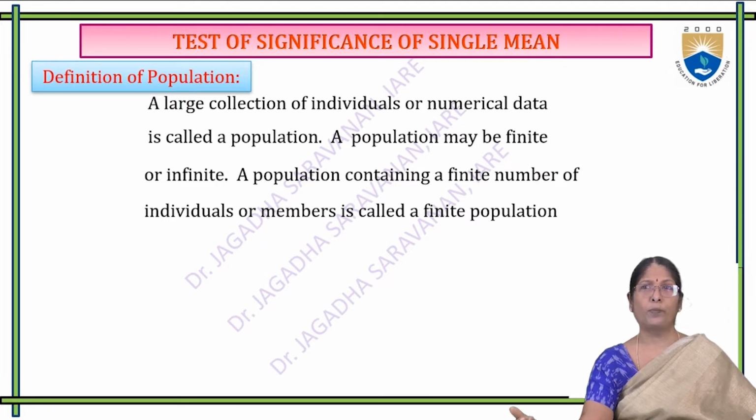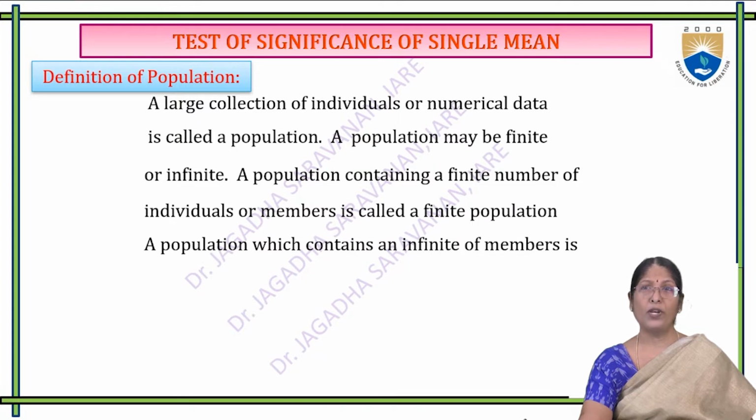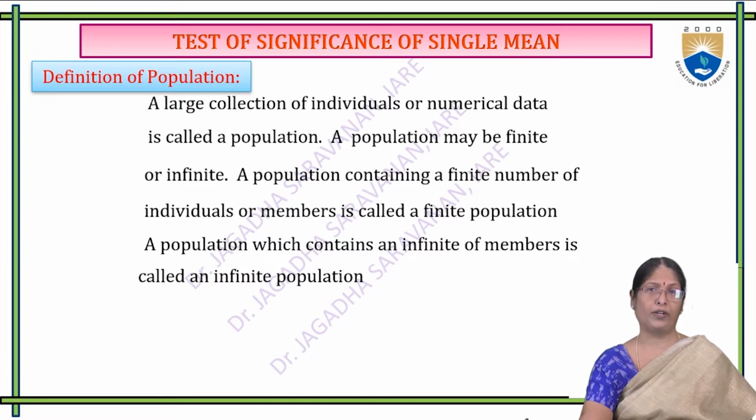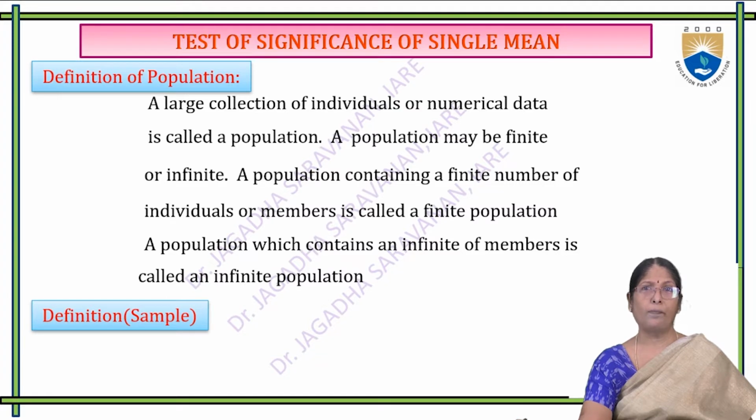That is, the data the population has, we are able to count, or we can say it is small data. A population which contains an infinite number of members is called an infinite population. It tends to infinity. Mostly a mathematical or very large database can also be considered an infinite population.